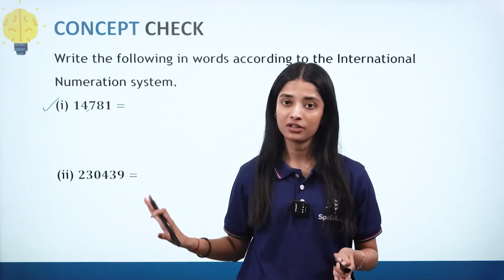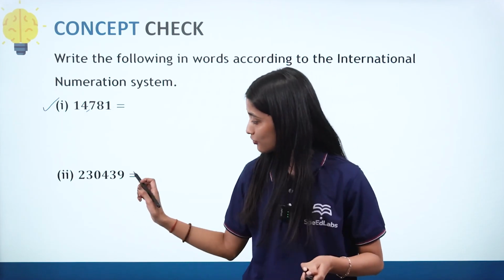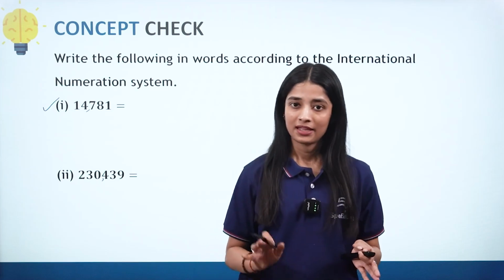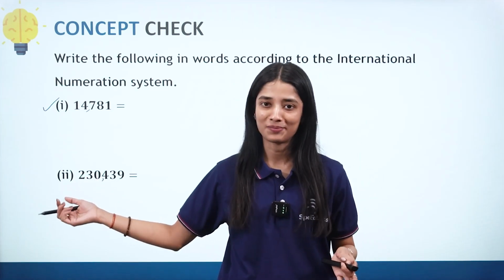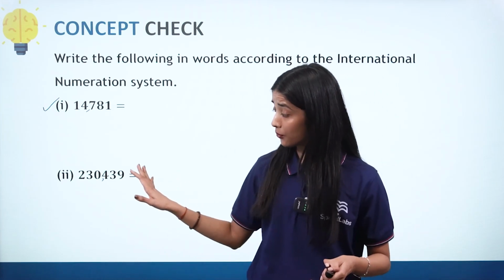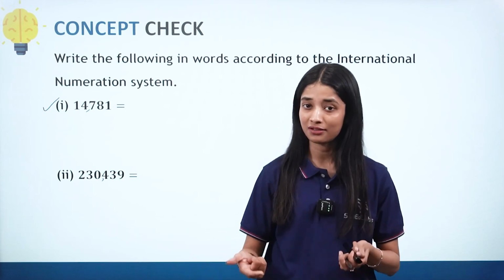Then we have the next number. If we try to put commas here, the first comma will come between 0 and 4, that is here. Then for the next comma, after these 3 digits we don't have any number, so only one comma we will be having here. Next, if we want to read this number, how will we do that?